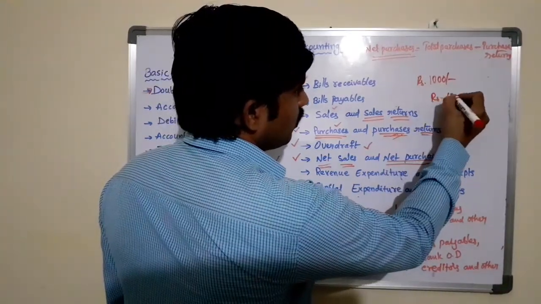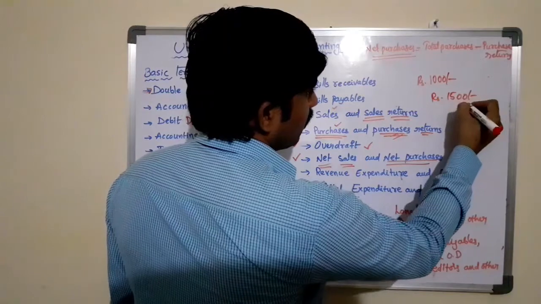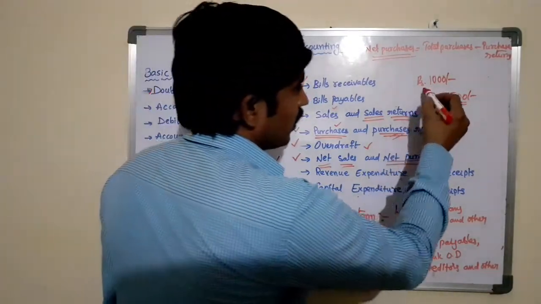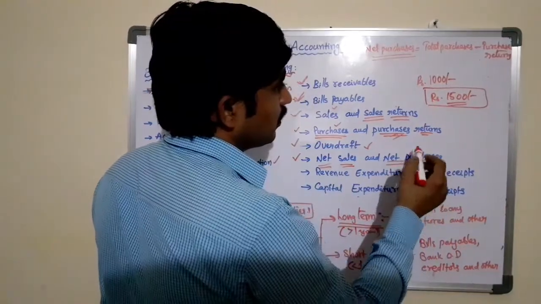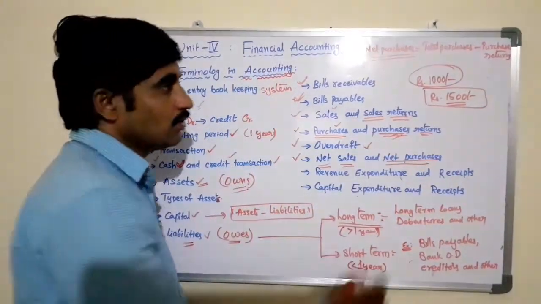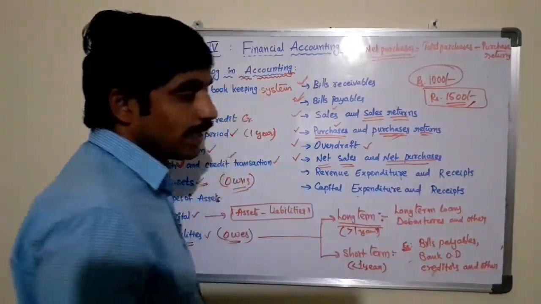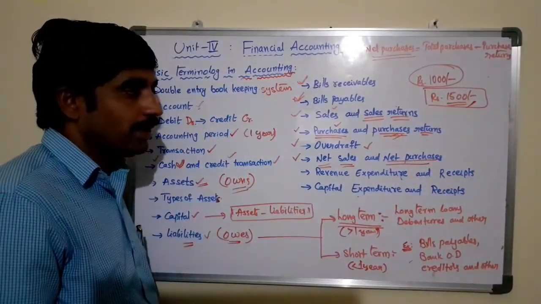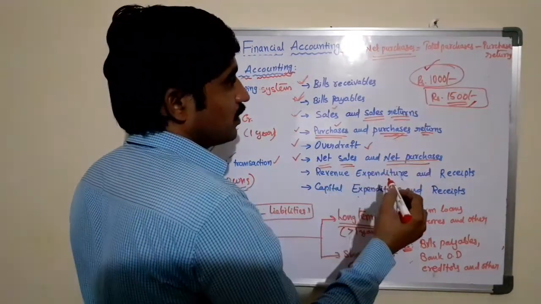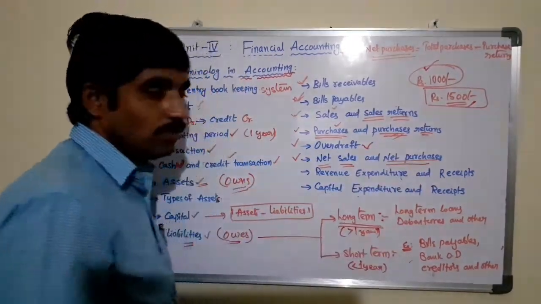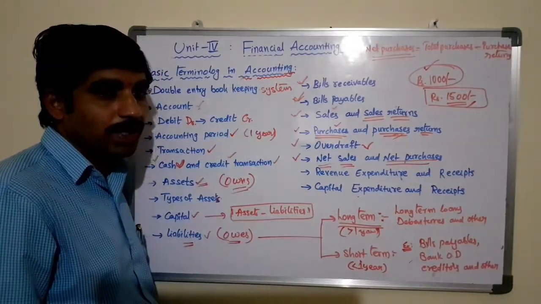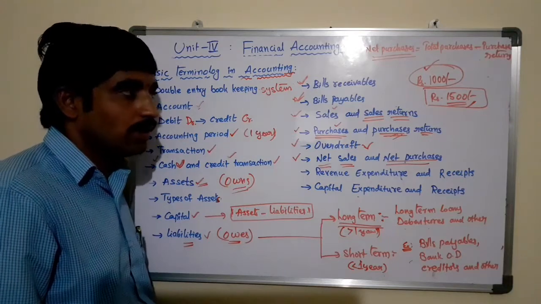Yes, you are eligible to draw 1500 rupees, though you have 1000 rupees in your current account. So this is a special arrangement provided by the banks to draw more than the available balance. This is what is called overdraft. Drawing more than the available balance from the banks is known as overdraft.